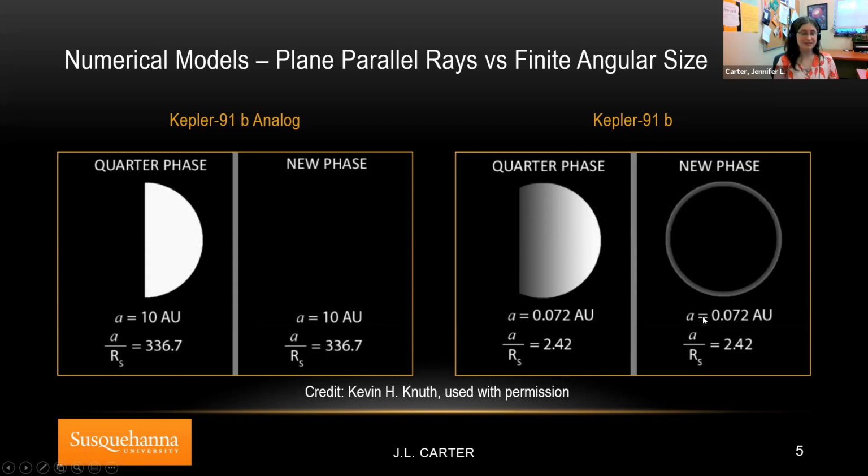And most importantly, during the new phase of the exoplanet, which occurs during that primary transit, we actually receive light from reflected light of the penumbral zone, because that penumbral zone always extends to the far side of the exoplanet when you properly take into account this finite angular size.